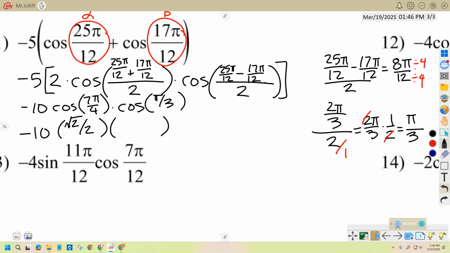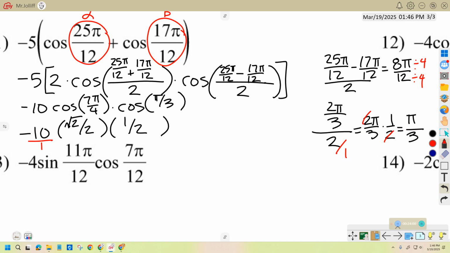Cosine of pi over 3 is in quadrant 1. We want the x-coordinate, which is 1 over 2. Perfect. A reminder, the whole number out in front, that negative 10, is negative 10 over 1.